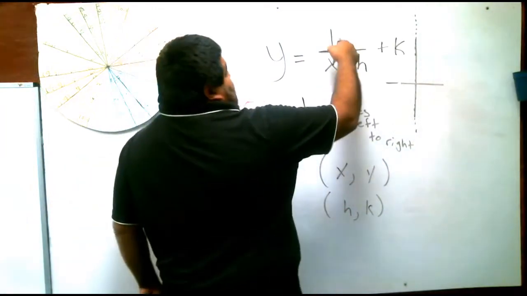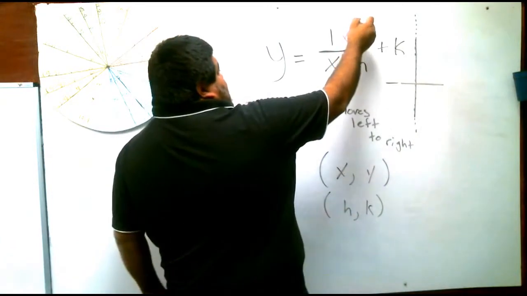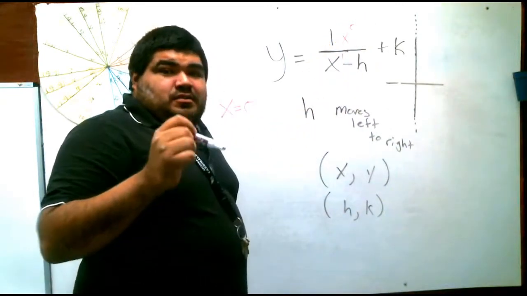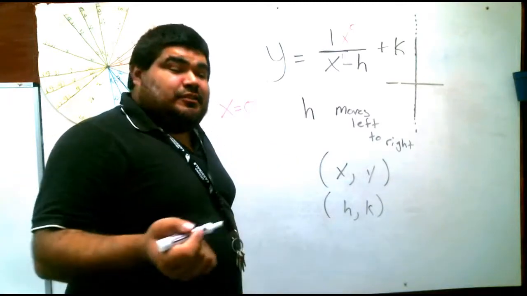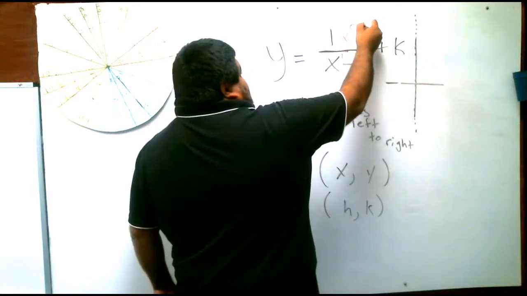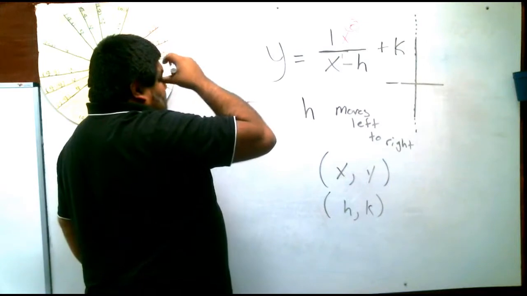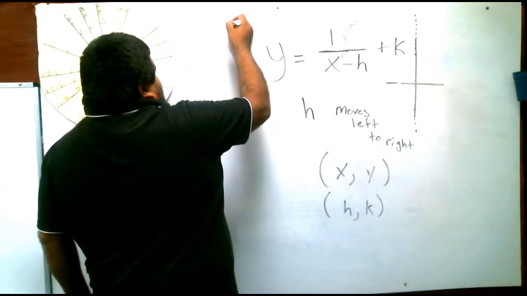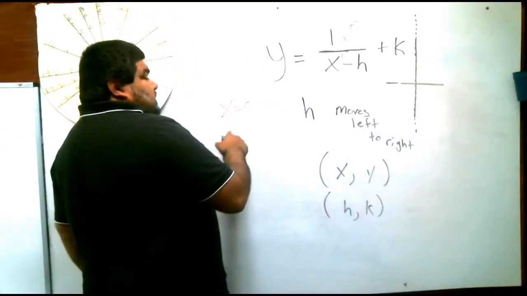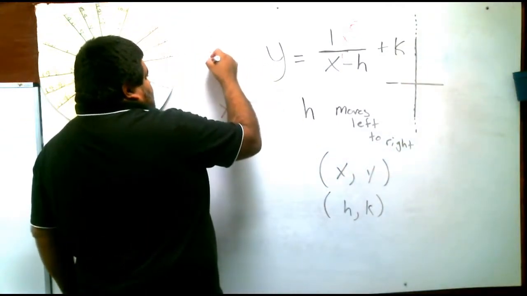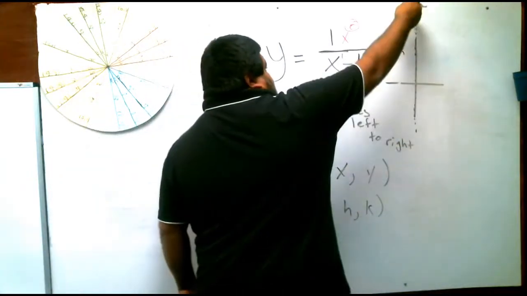Here, since there's no x, it's x to the 0, meaning that if your top x is smaller than your bottom one, it always means that y equals 0 as well. Notice that it's 0.